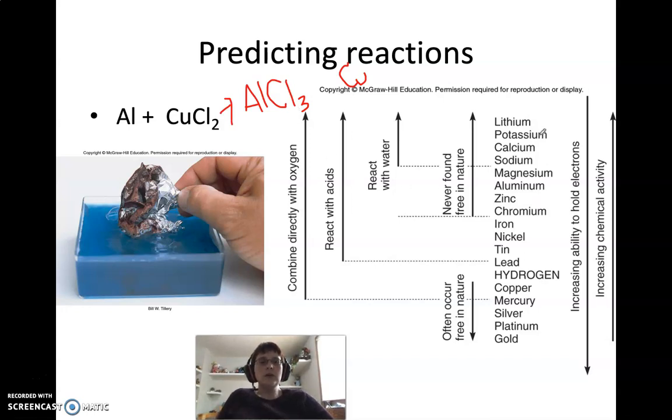So the higher up on the table that an element is, if it's by itself in the reaction, it's going to make the reaction go. If it's low and it's by itself, the reaction will not happen. So for example, if gold is the one that's free, like aluminum was free, then the reaction won't happen because gold will not be able to replace anything that's in a compound already.